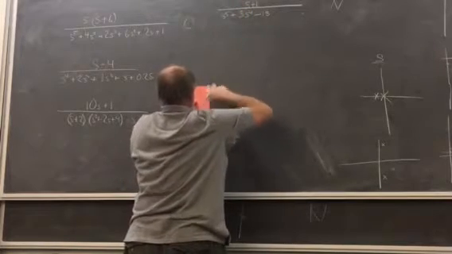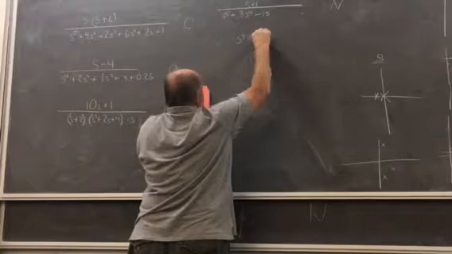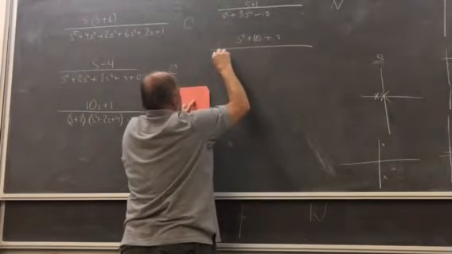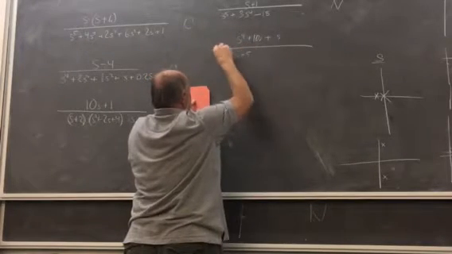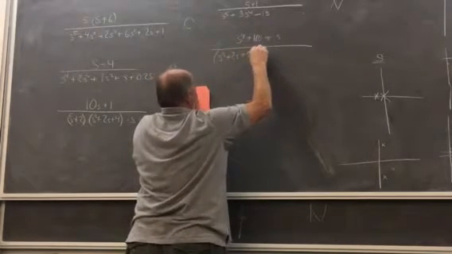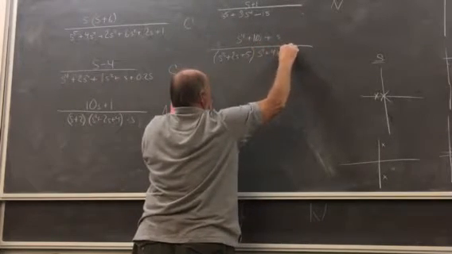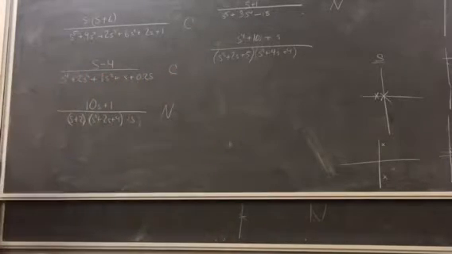Let's see. S to the fourth plus 10s plus s on top, S squared plus 2s plus 5 times s squared plus 4s plus 4 on the bottom. What can you say about that one?